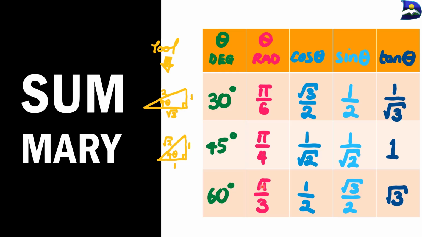And finally here for our 60 degrees or pi over 3, in this case for our right angle triangle, our opposite is root 3, which is flipped from our 30 degrees, where the adjacent is root 3. So in here for our opposite, root 3, our adjacent is 1, and our hypotenuse remains 2.